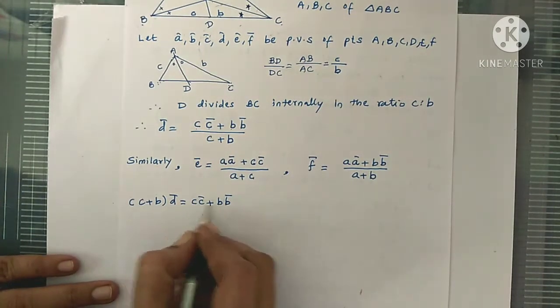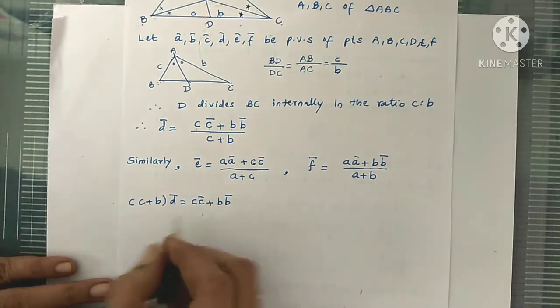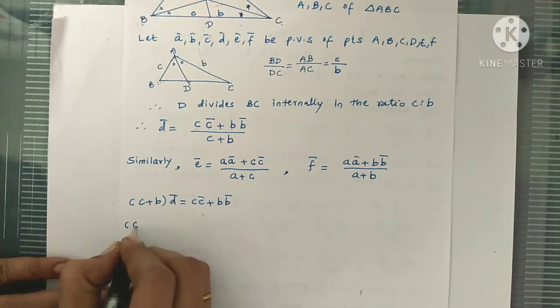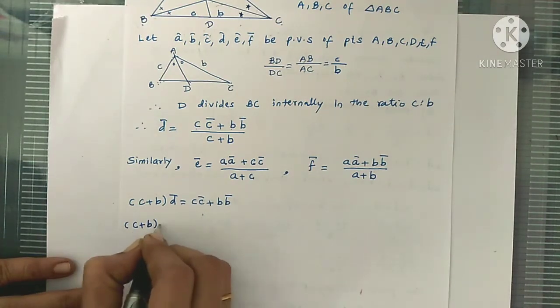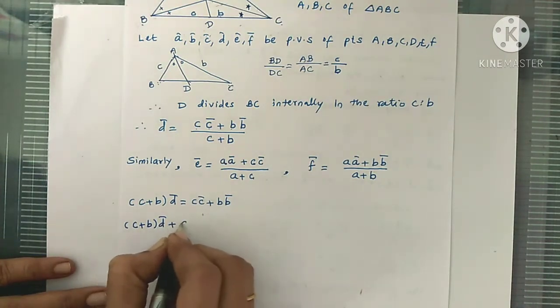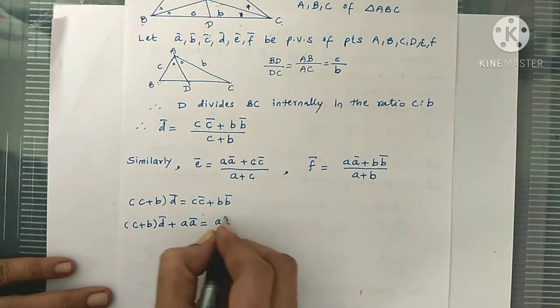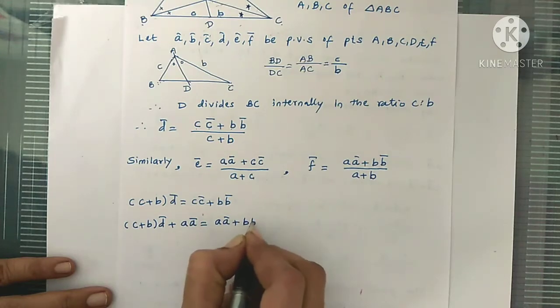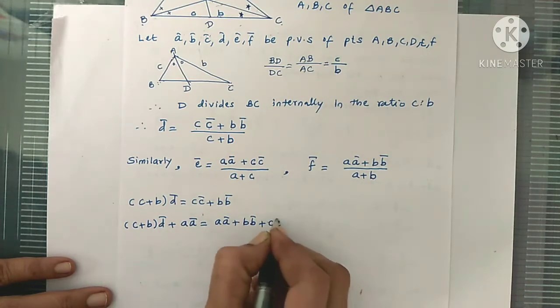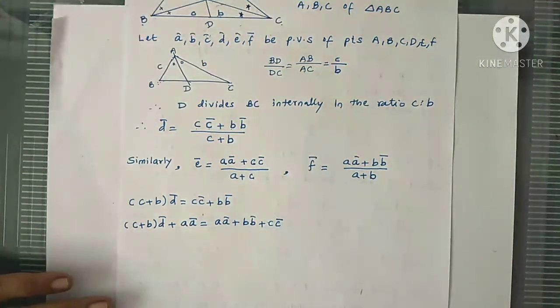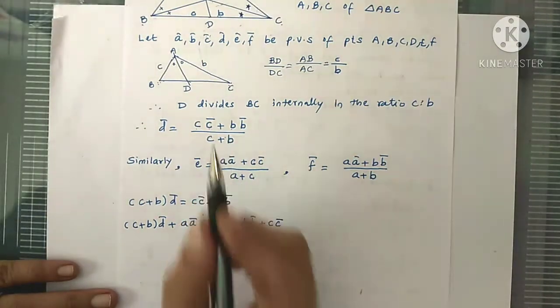Here we don't have that A bar, so let's add that. So we have (C + B)D bar + A A bar is equal to A A bar + B B bar + C C bar. So this is our first equation using position vector of D.